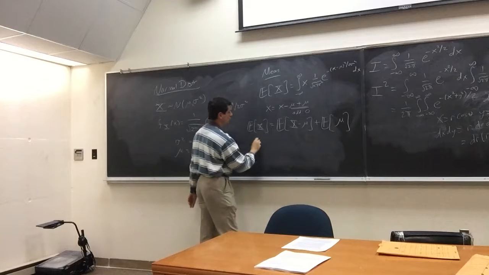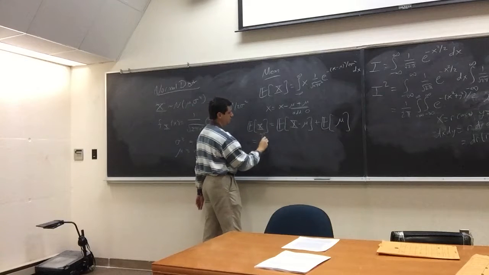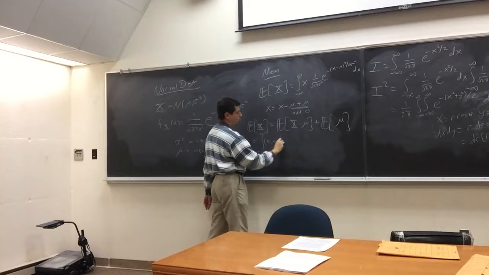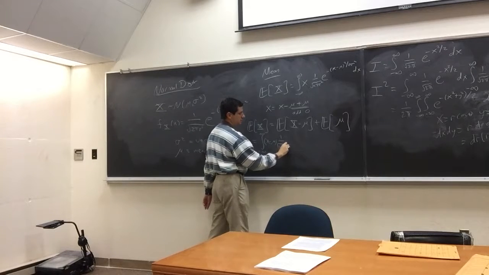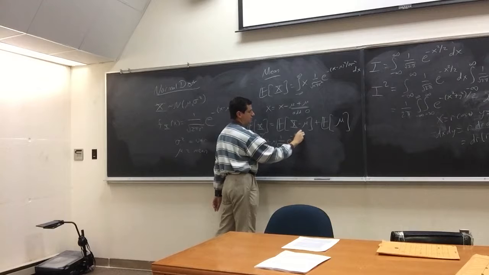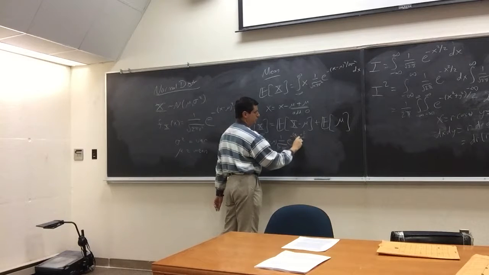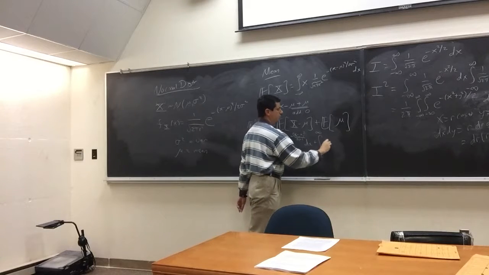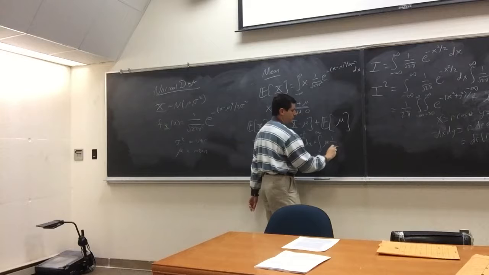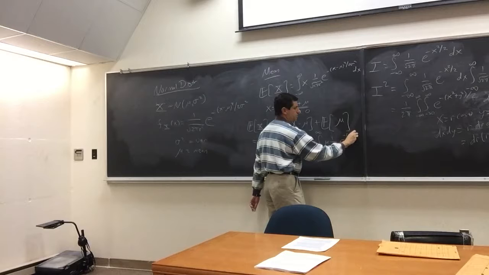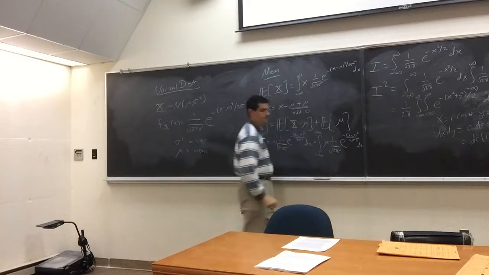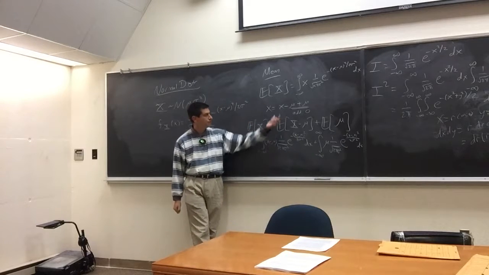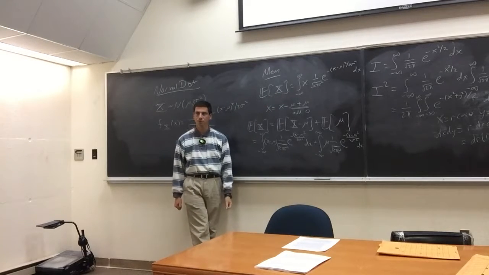Or if you want to write it out the long way, it's the integral from minus infinity to infinity of (x minus mu) 1 over square root of 2 pi sigma squared e to the negative (x minus mu) squared over 2 sigma squared dx, plus the integral from minus infinity to infinity of mu 1 over square root of 2 pi sigma squared, there's a lot of writing today, e to the negative (x minus mu) squared over 2 sigma squared dx.